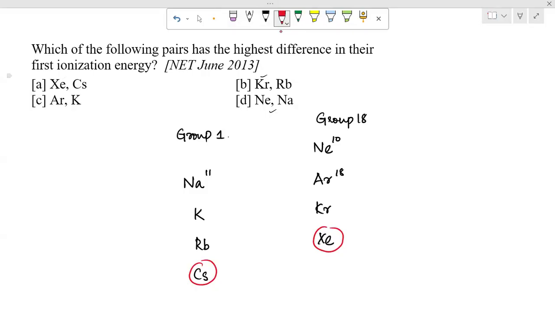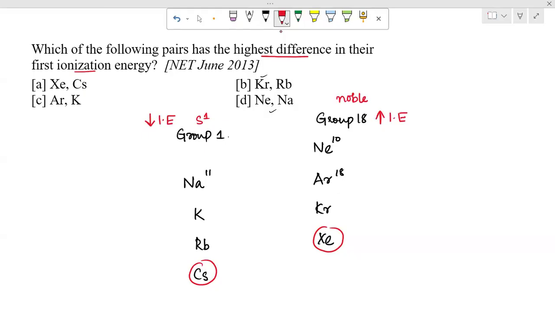The question is, which has the highest difference in their first ionization energy? So again, group 1 is always S1 and group 18 is noble gas configuration. Correct? So S1 people will usually have very low ionization energy and noble gases will usually have very high ionization energy. Now the question is which has got the largest difference?